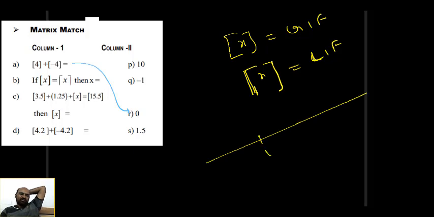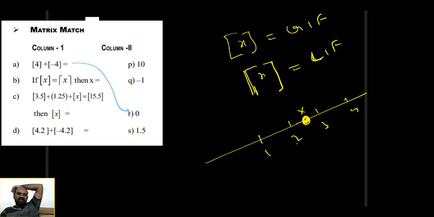For example, take a number between 2 and 3. The greatest integer of this number is 2. The least integer means you identify all the integers greater than that real number, and the smallest among them is the least integer of the real number.